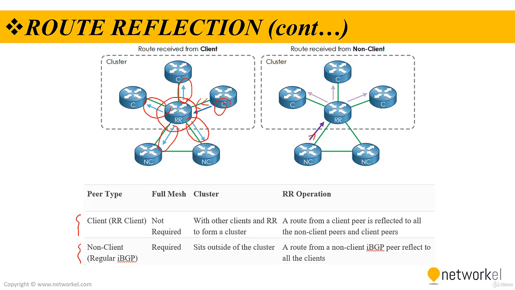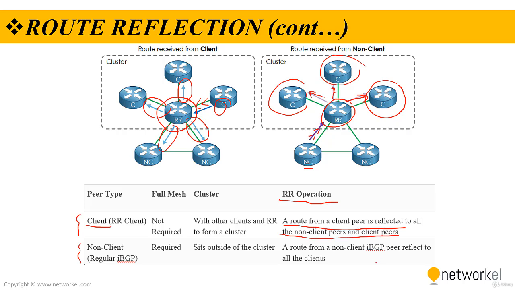But if the route reflector receives a BGP update from a non-client, it is just sent to IBGP route reflector clients. So when we check the route reflector operation again, a route from a client peer is reflected to all the non-client peers and the client peers, and a route from a non-client IBGP peer is reflected to all the clients.